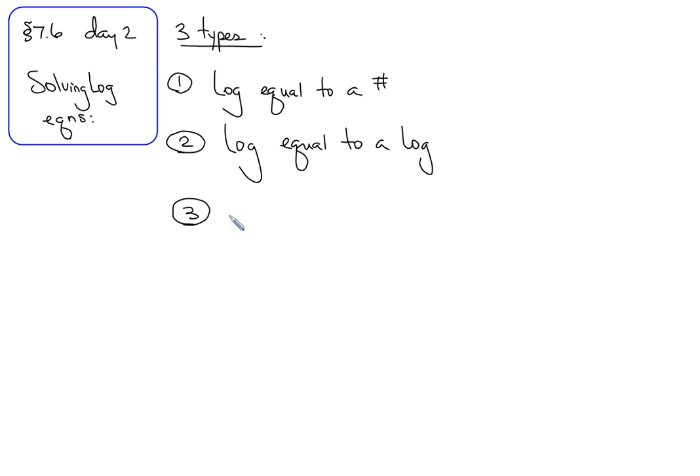And type 3 is multiple logs, 2 or more. So I'll put greater than or equal to 2 of them. You could have 3, you could have 4, but you have at least 2 logs and another number. These are the three types that we're going to talk about. So get those jotted down, and then we'll talk about each type one by one.